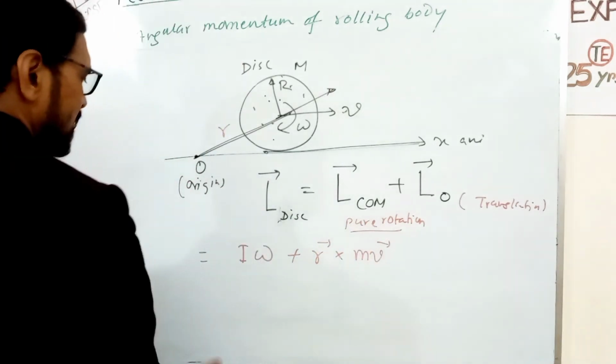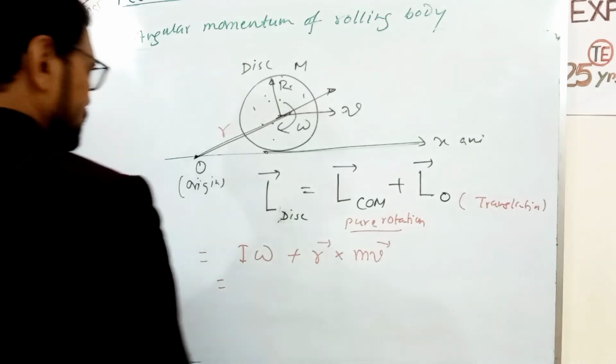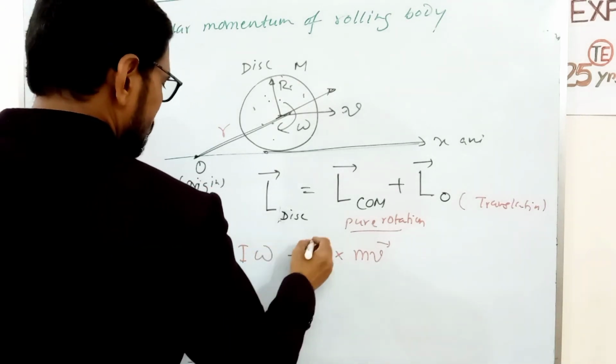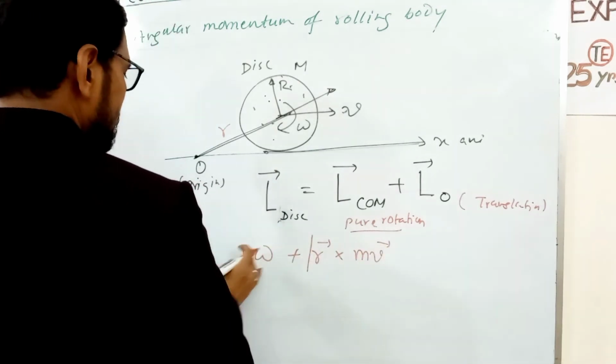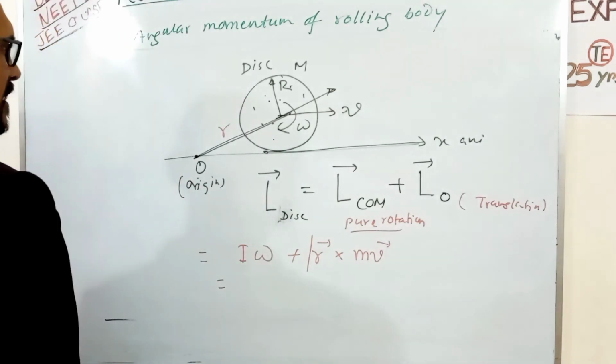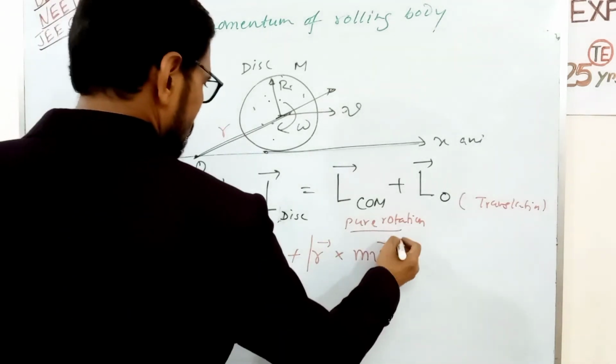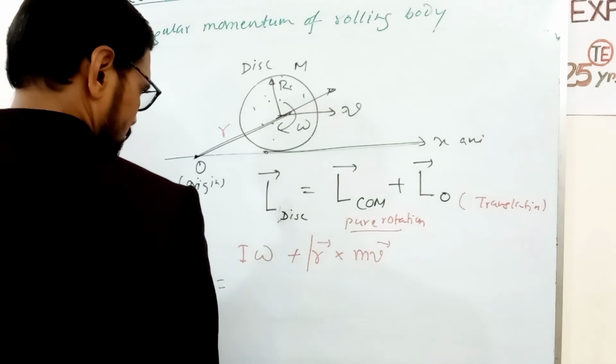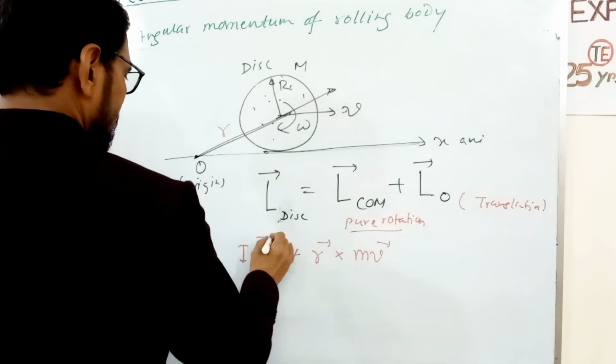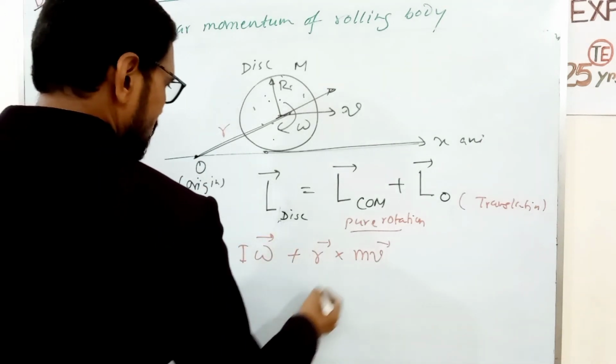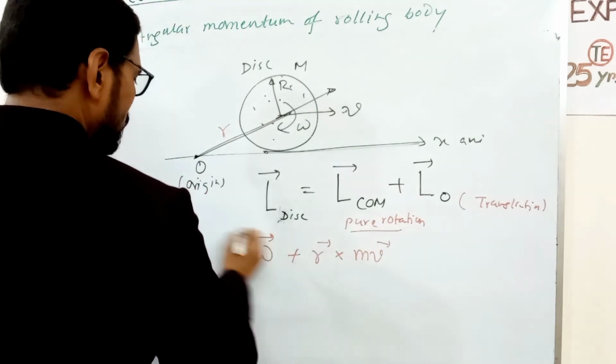Now, I omega is a vector quantity, and the directions of I omega and r cross mv will be the same, so we take the magnitude.